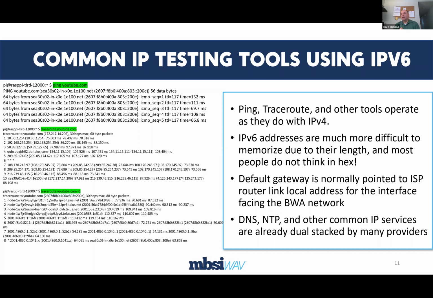I can do the same thing in IPv4, which is the second here. So I did an IPv4 traceroute, I should say, not a ping, to YouTube, and it answered back with the hops necessary to get to YouTube from my lab. And then finally at the bottom here, I did a traceroute using IPv6.